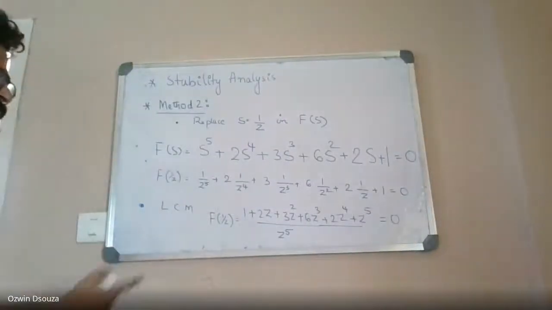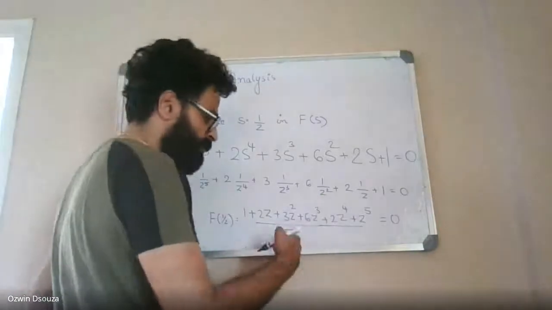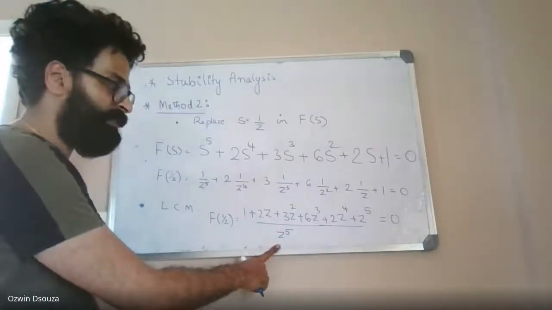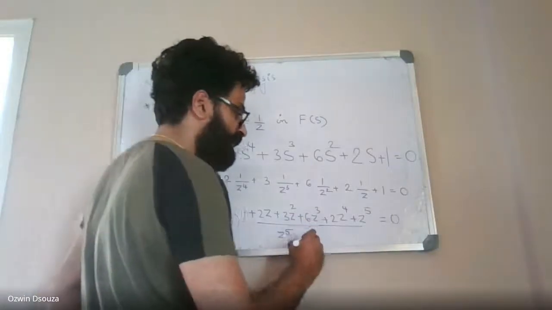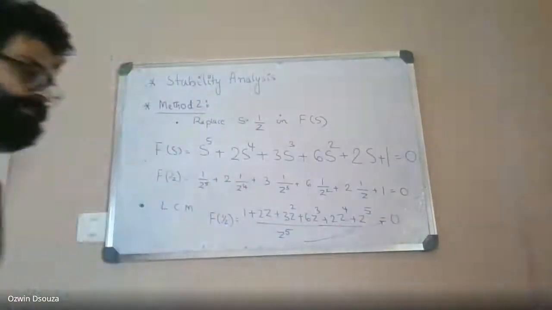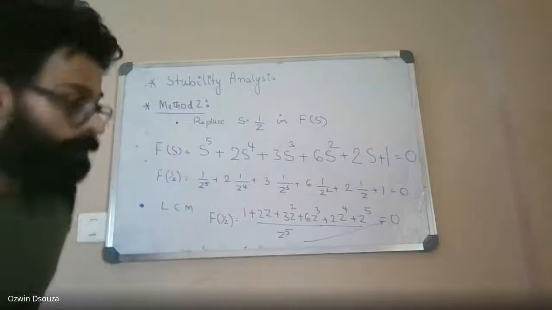This is what you get when you take LCM. And obviously, the denominator boils down to 0 because it gets multiplied with 0 and the denominator vanishes.